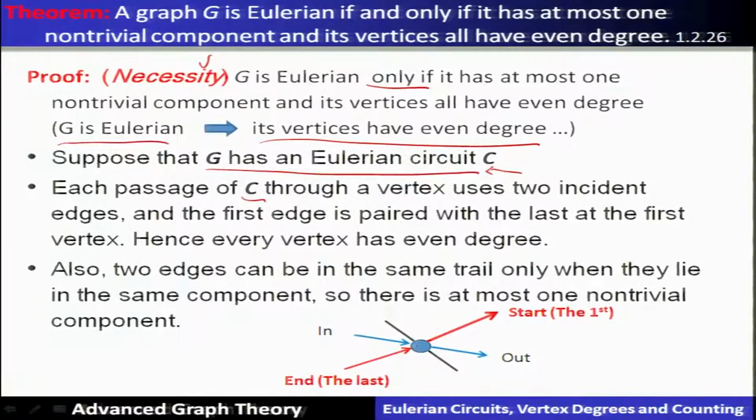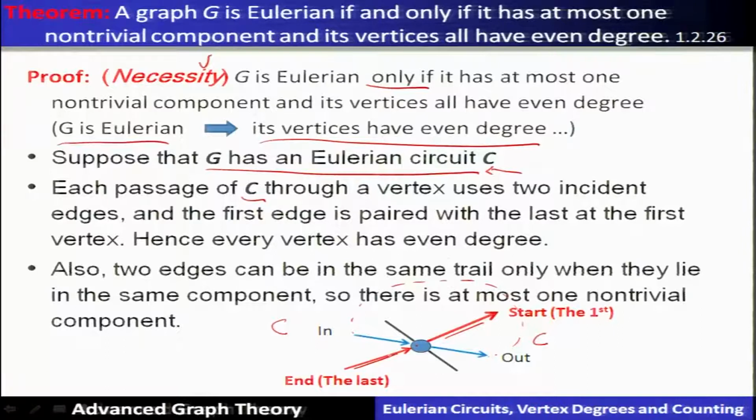For example, if the circuit C passes through a particular vertex, it will enter through one edge and exit through another edge of this circuit. Also, the first edge is paired with the last edge at the first vertex.